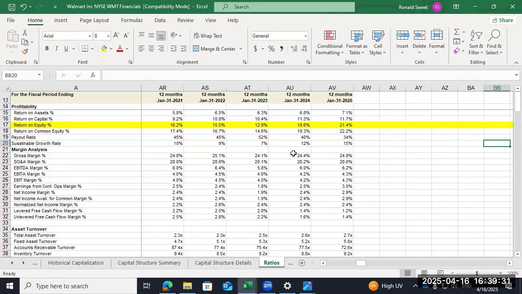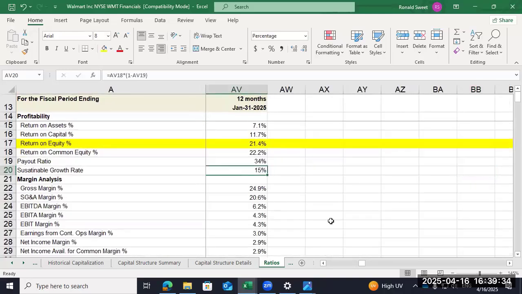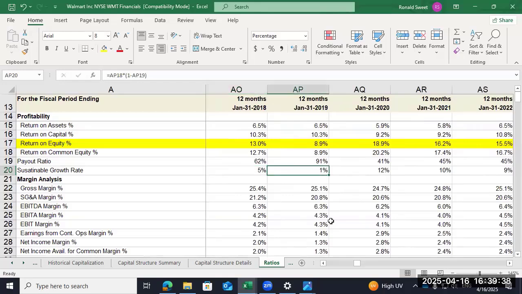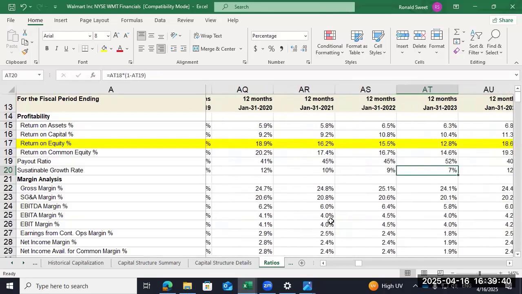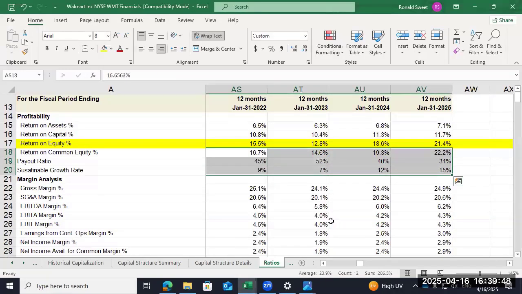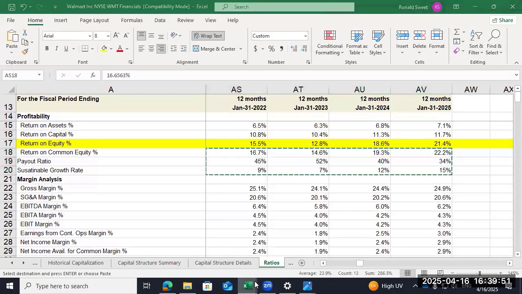And here's where I say you may need to normalize, because look at how wild these numbers are. So it was 5%, 1%, 12%, 10%, 9%, 7, 12, 15, kind of all over the place. I'll bring in the last 4 years. We can kind of decide.